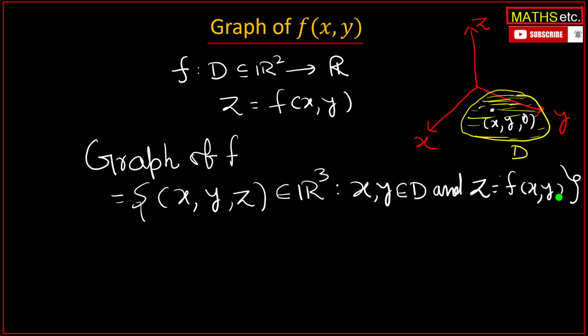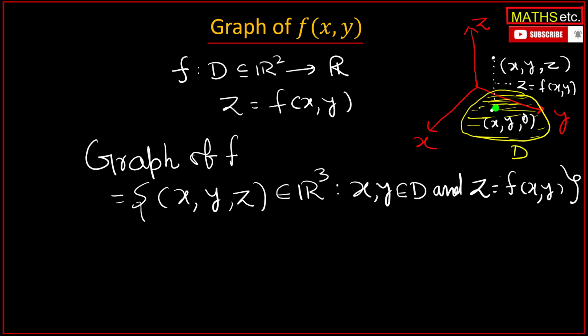Now for every (x, y) point in the domain, there is a z point here. So this corresponding point is here, and coordinates of this point will be x, y, and z, where basically this z value, this ordinate, is nothing but a function given by f of (x, y).